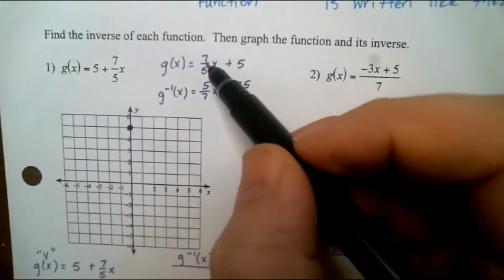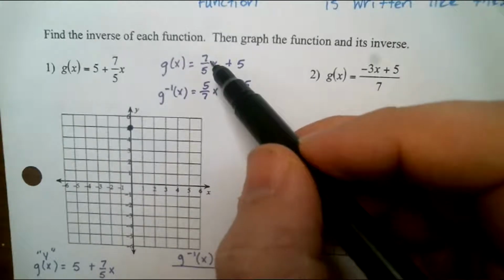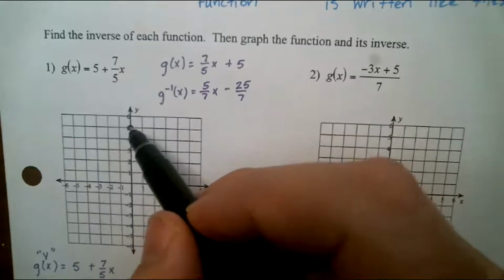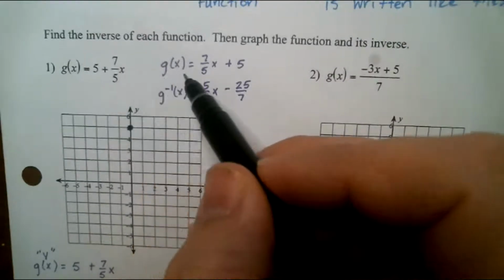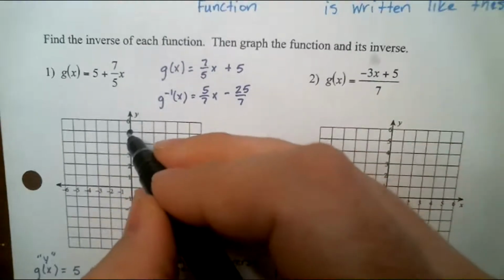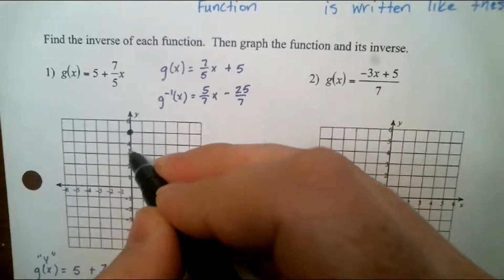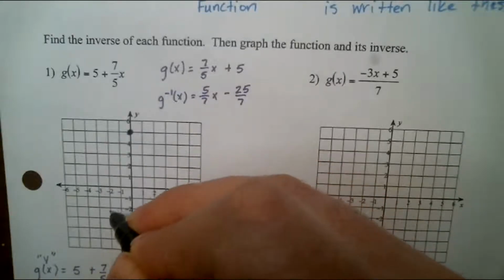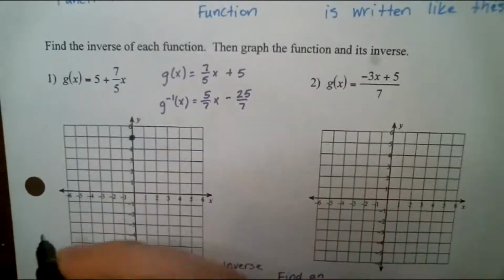And then my slope is up 7, right 5. I cannot go up 7 and right 5 because I'll be off the graph. So I'll go the opposite direction. Go down 7 and left 5. 1, 2, 3, 4, 5, 6, 7, left 5. 1, 2, 3, 4, 5.